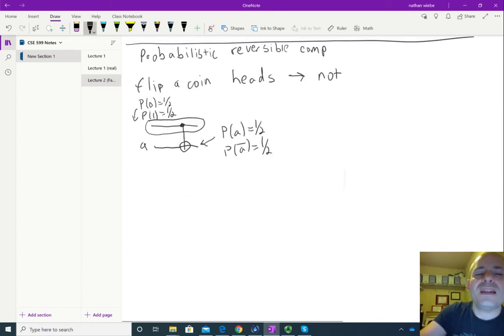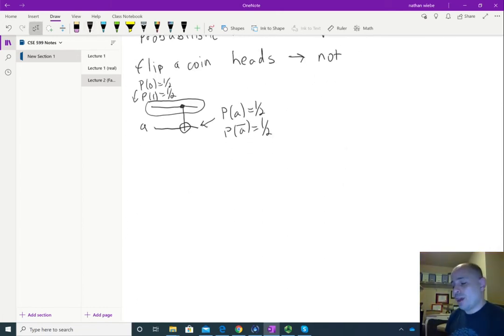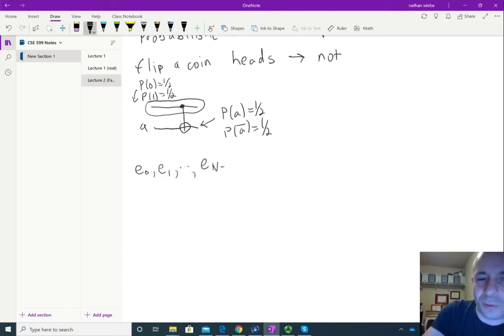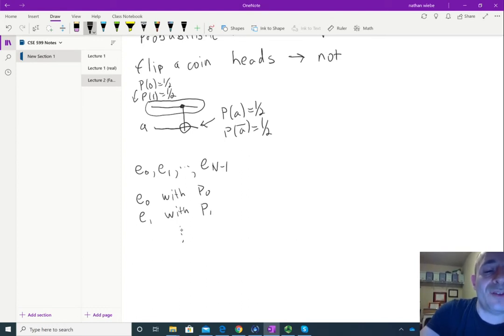And so now the natural way of doing this is to think about a probability vector, okay? So we can end up saying now that our computational basis states before for our inputs, we would always be able to form like e_0, e_1, all the way up to e_(n-1), okay? Those would always be our inputs, but now we're allowed distributions over it. So we can end up saying like e_0 with probability p_0, e_1 with probability p_1, and so on and so forth.